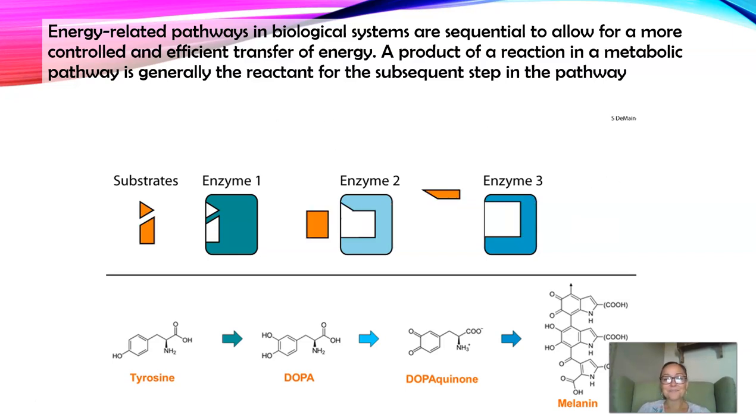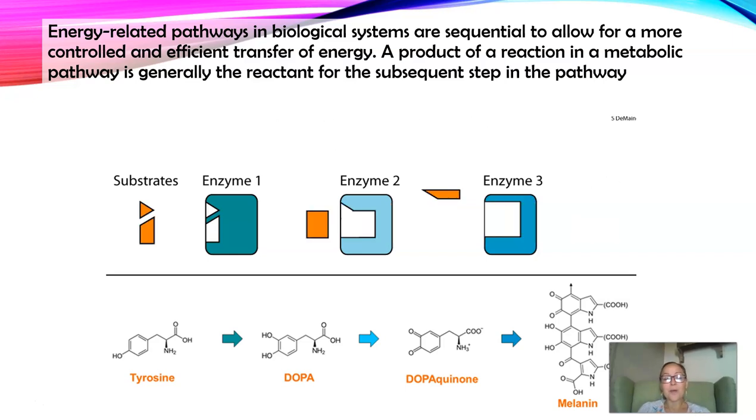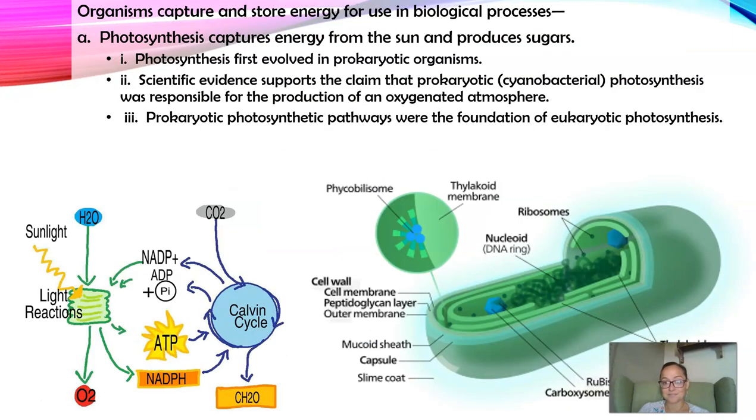Then when we look at cellular respiration, we have glycolysis, the Krebs or citric acid cycle, and oxidative phosphorylation or the electron transport chain, as well as fermentation. So we have quite a few metabolic pathways we're going to discuss, but what they all have in common is they all rely on enzymes.